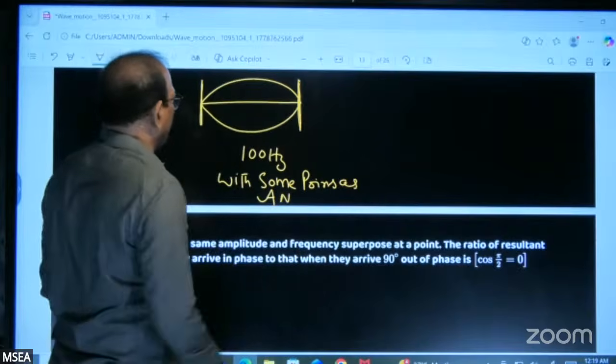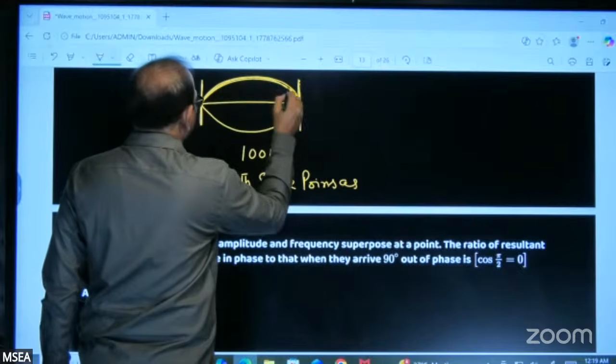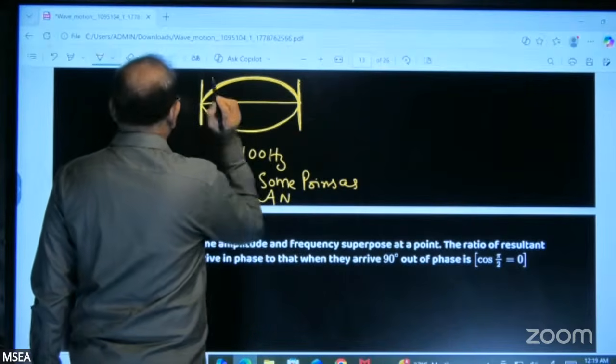Some points on the wire are antinodes at frequency 100 hertz.